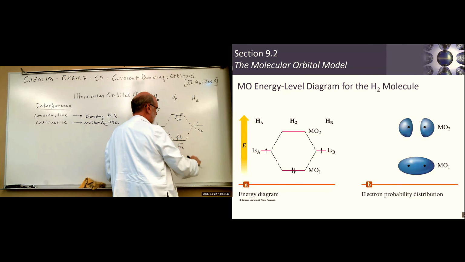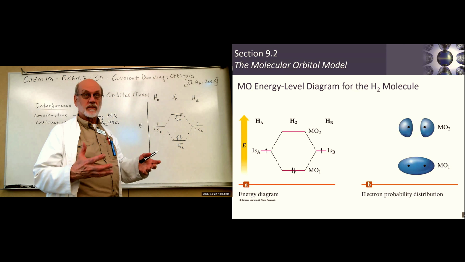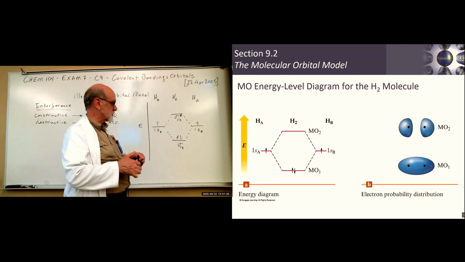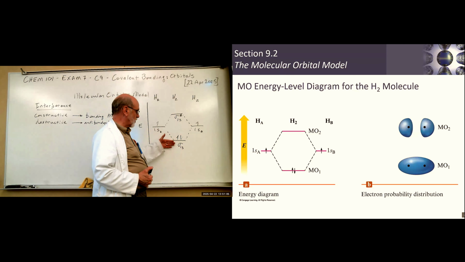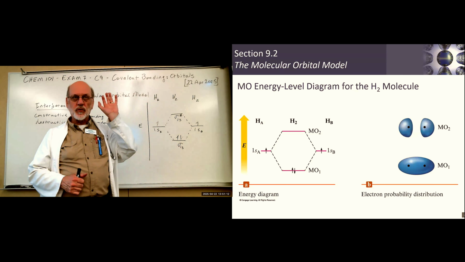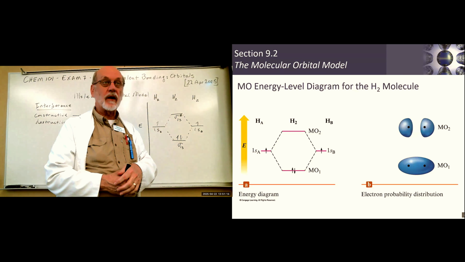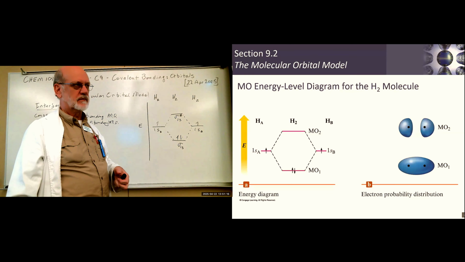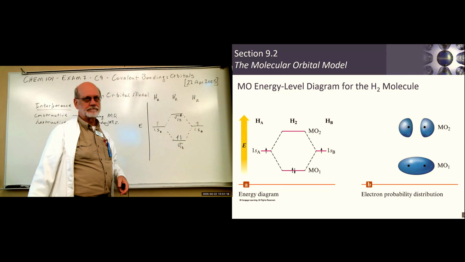And that helps us rationalize why dihydrogen forms. It forms a bonding molecular orbital for this molecule and no anti-bonding. So there's no pressure to split apart, which the anti-bonding would give.